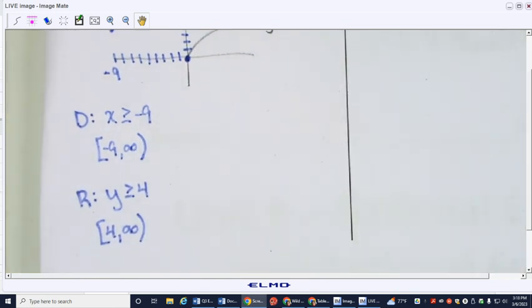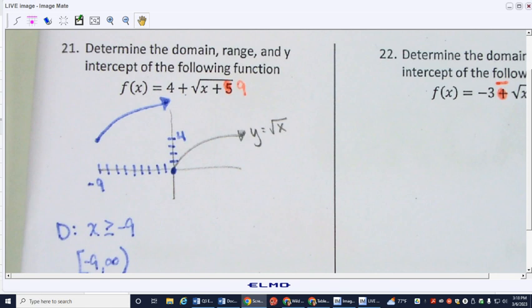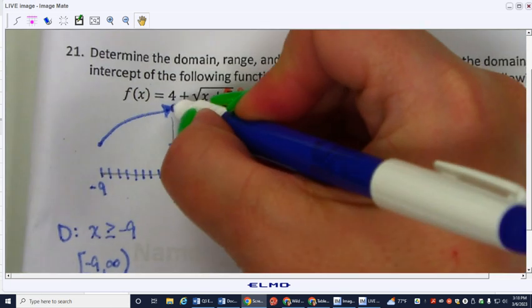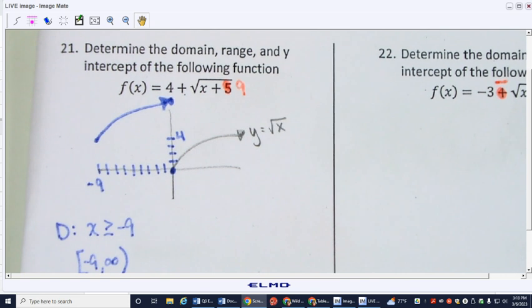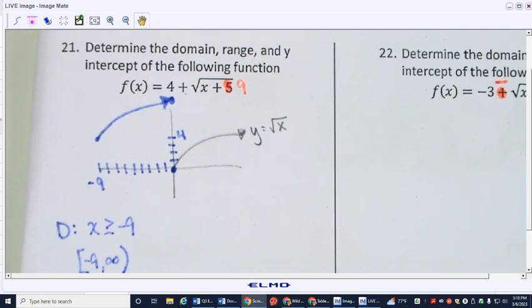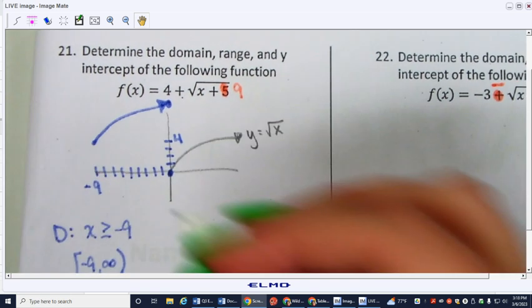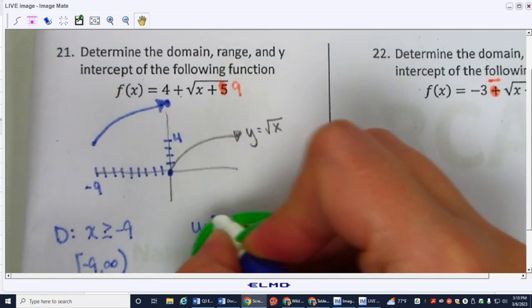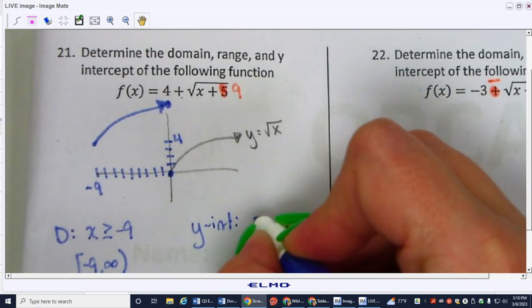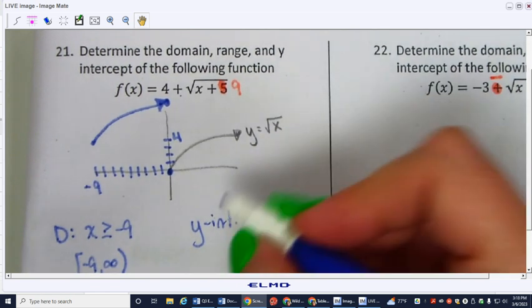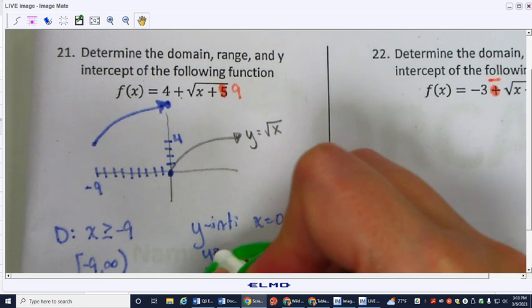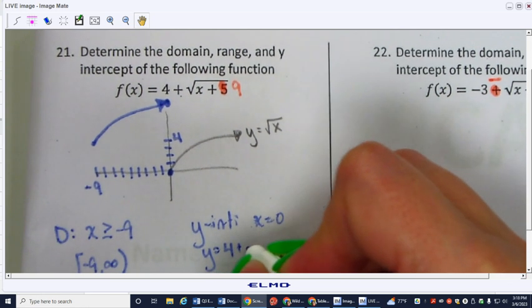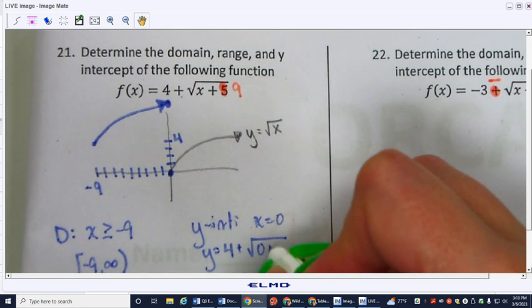That's my domain. It also says to find the y-intercept. At my y-intercept right here, what's the x value? When you cross the y-axis, what's the x value? 0. So to find the y-intercept, all you have to do is let x equal 0. So I'm going to call this y instead of f of x. 4 plus the square root of 0 plus 9.